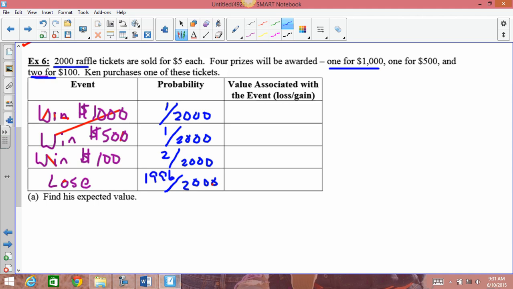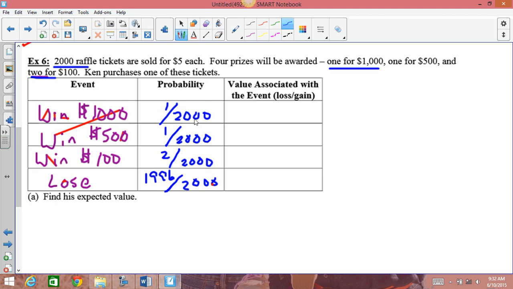So there's 1,996 people, or I should say tickets, losing tickets. One ticket holder is going to win $1,000. 1 ticket is going to win $500. 2 people are going to win the $100, and then the other 1,996 tickets are going to be losing tickets.